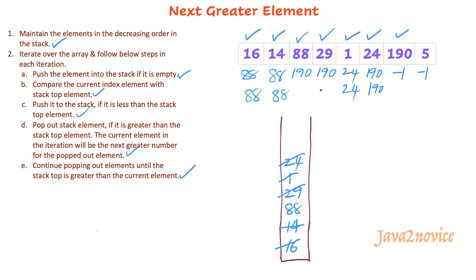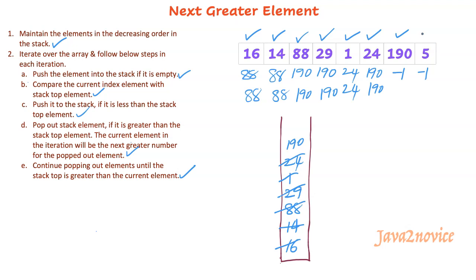Same way for 29, 190 is the next greater element. Similarly, 88 is less than 190. Pop it out. Even for 88, 190 is the next greater element. Since the stack is empty, push 190 into the stack.